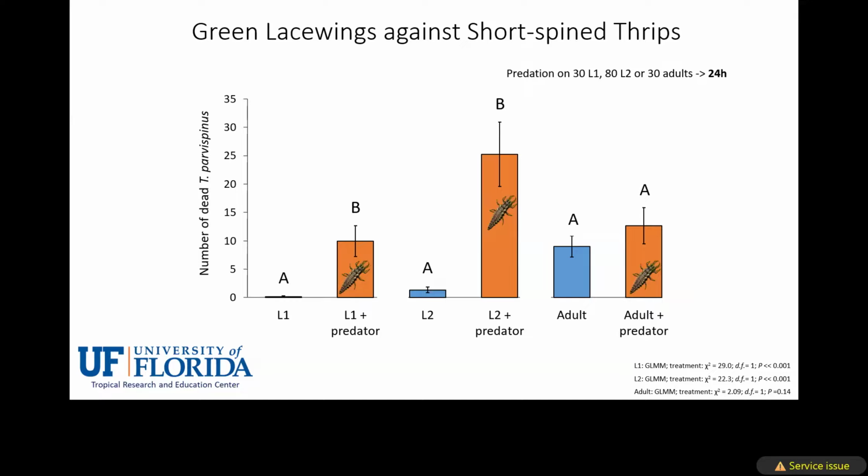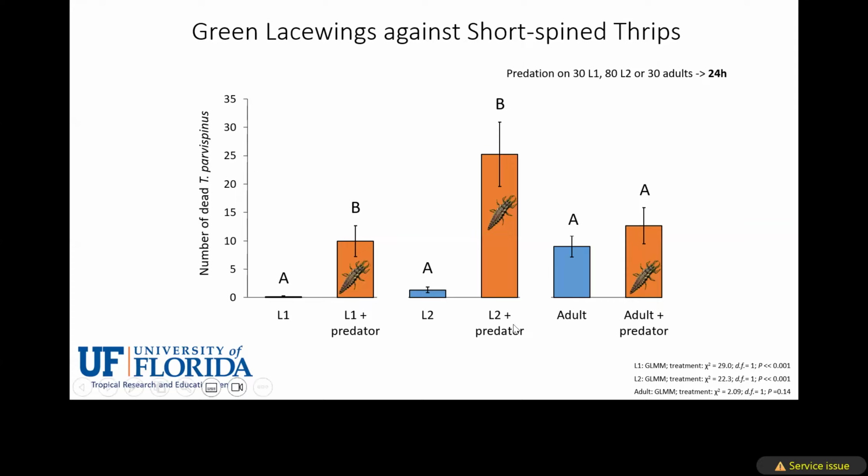It's also interesting to see that the stage I tested for the green lacewing larvae was the second stage. So they were a little bigger, not so small. In this case, we see that they seem to prefer to prey on the L2 larvae too.